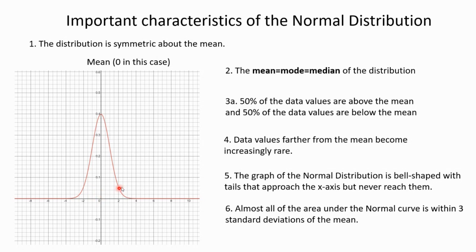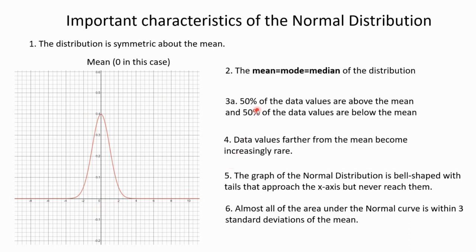What's nice about this distribution is that the mean, the mode, and the median all equal each other. So in this case, for this normal distribution, the mean is 0, the mode is 0, and the median is 0.